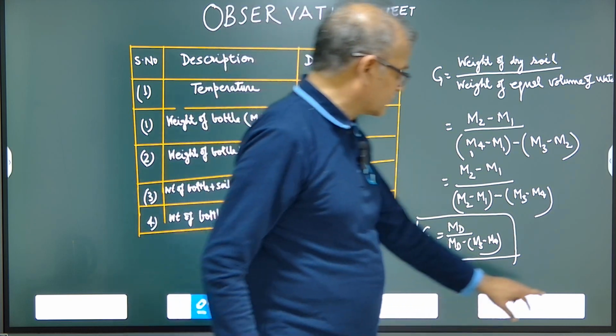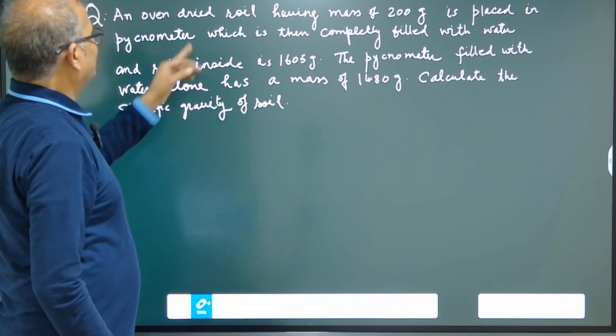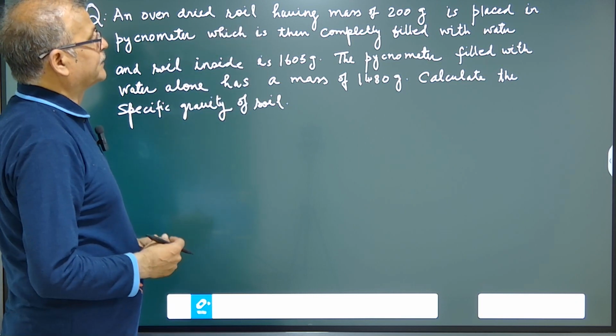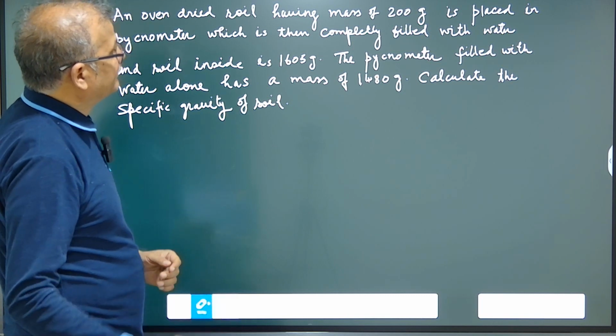So we take up one question also. The question is: an oven dried soil having a mass of 200 gram is placed in a pycnometer, which is then completely filled with water.